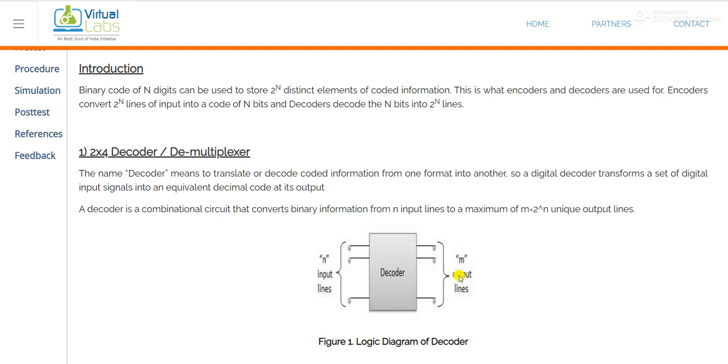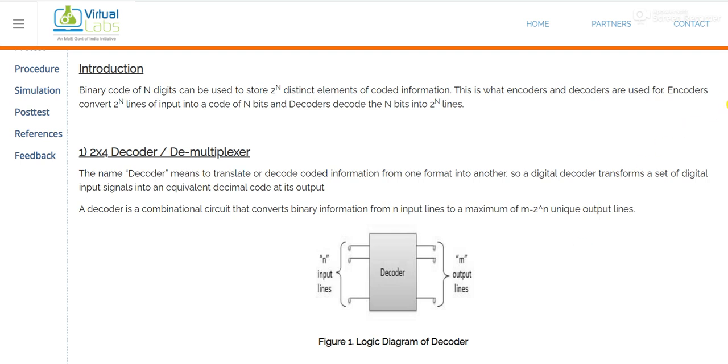The relationship between input and output for a decoder is defined as: if there are n input lines, then a maximum of 2 to the power n, that is equal to m, unique output lines will exist.